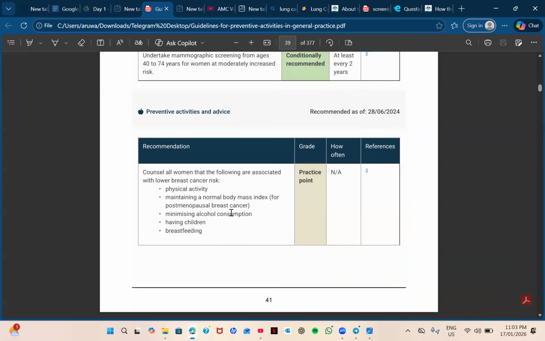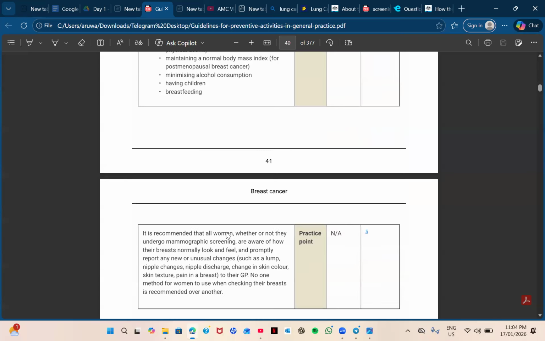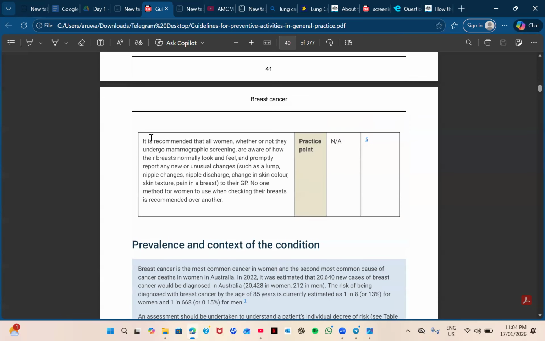Then counsel all women about the factors associated with low breast cancer risk: physical activity, maintaining a normal BMI, minimizing alcohol, and having children and breastfeeding. It is recommended that all women, whether or not they undergo mammographic screening, are aware of how their breasts normally look and feel.